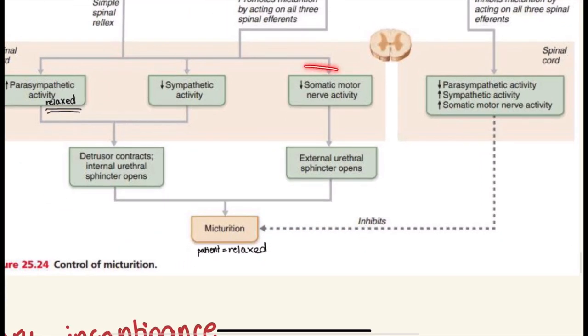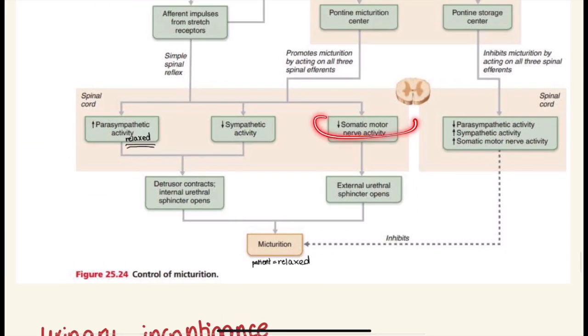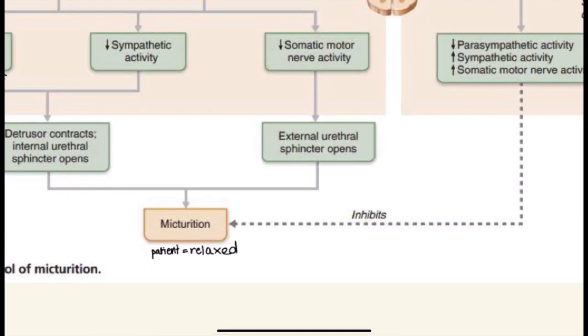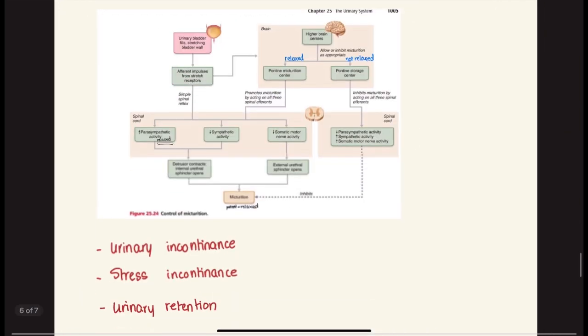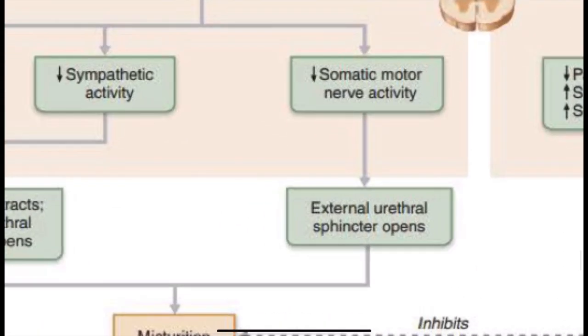Okay, so I'm going to explain this part over here in case anyone got confused, because I realized that I did not explain why decreased somatic motor activity would actually open the external urethral sphincter. Remember, the external urethral sphincter is voluntary, so it is skeletal muscle. Basically, the external sphincter is under somatic control, which is this one we just talked about.